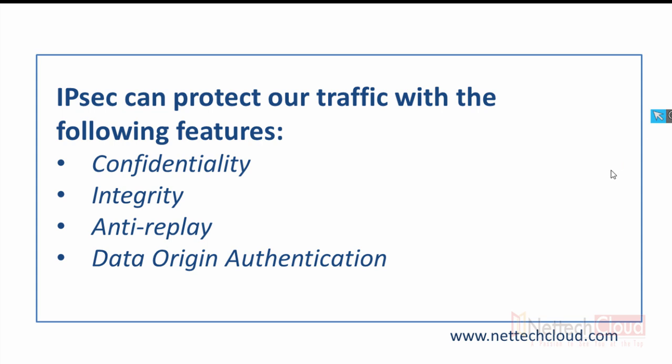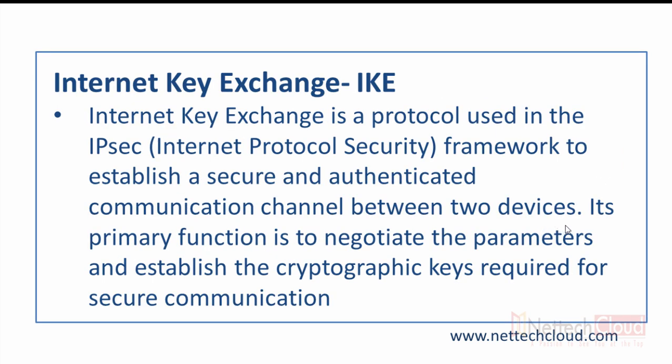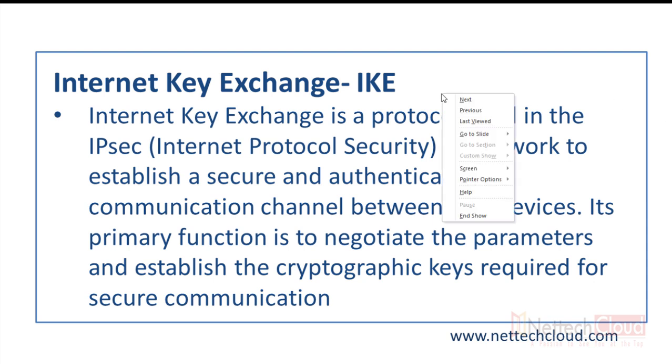So all of this is part of the IPSec framework. IKE is another important protocol, because if there are two VPN gateways, gateway 1 and gateway 2, between both VPN gateways two tunnels are created. Let me explain that.